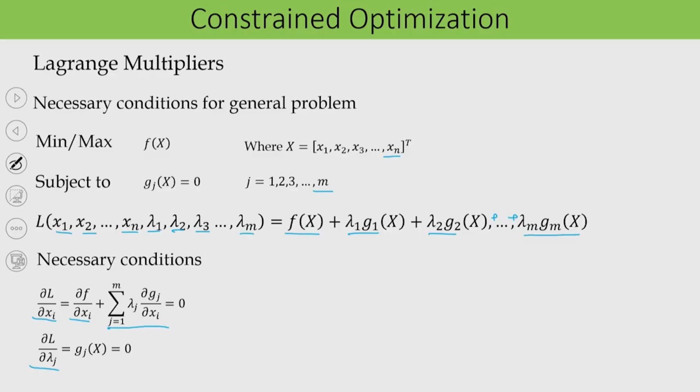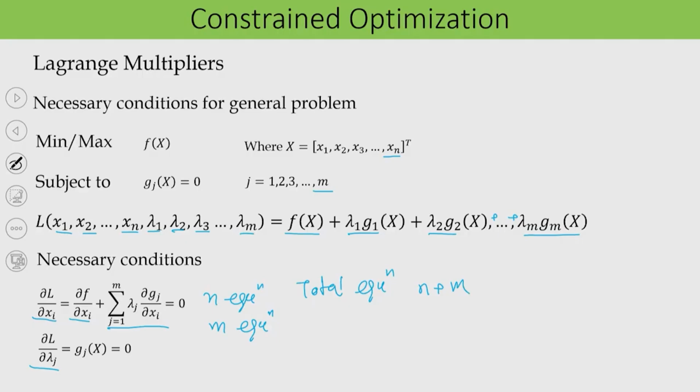We are getting a total of n equations, and here we are getting a total of m equations. So the total number of equations we are getting is n plus m.